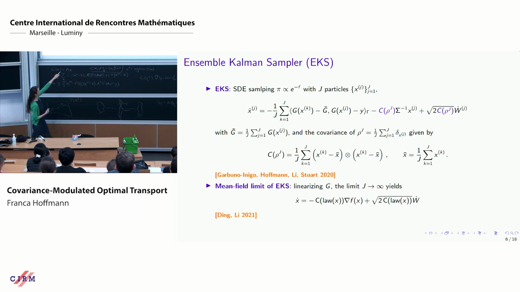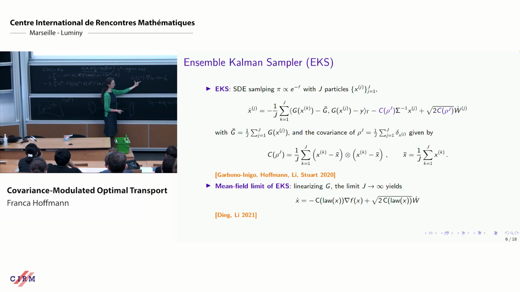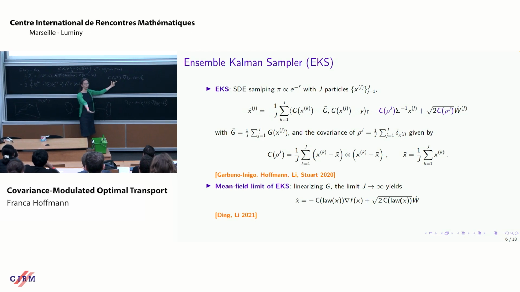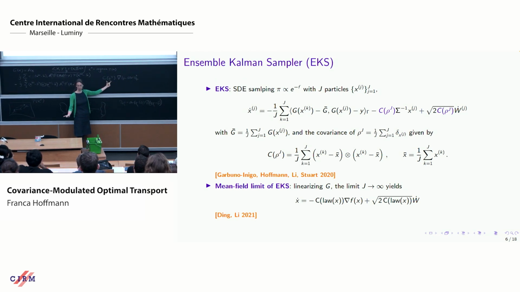So you can write down the sort of evolution of a typical particle. And this is literally the same equation as if I would write this, this is after linearizing G, right? So you have this first term, and now you just replace the empirical covariance with the covariance of the actual mean field limit density.